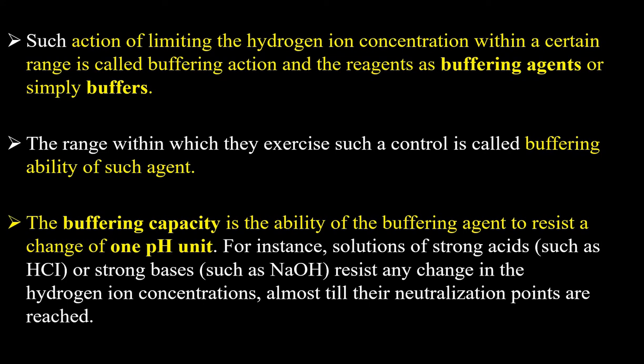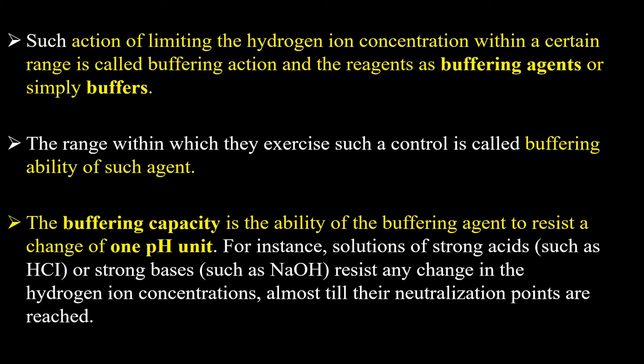That means buffers are substances that resist change in the pH. The range within which they exercise such control is called the buffering ability of that particular buffering agent. The buffering capacity is the ability of the buffering agent to resist a change of one pH unit.